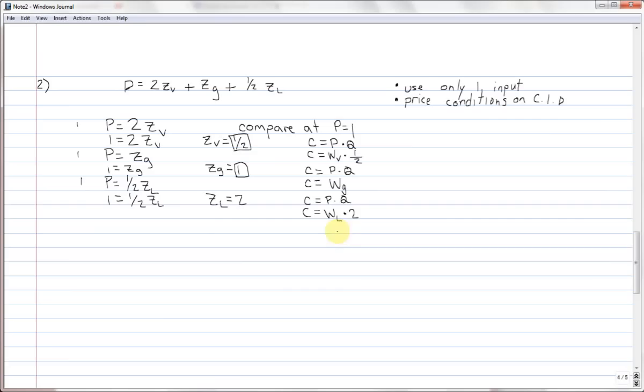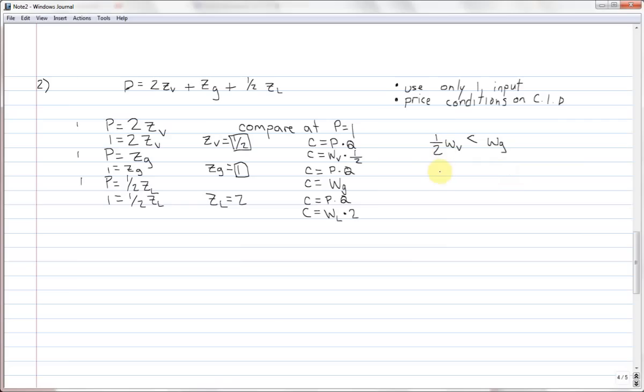Okay, so now I want to think, what is my cheapest way of producing this thing? Well, if 1/2 WV is the cheapest way to produce it, then it must be less than WG.